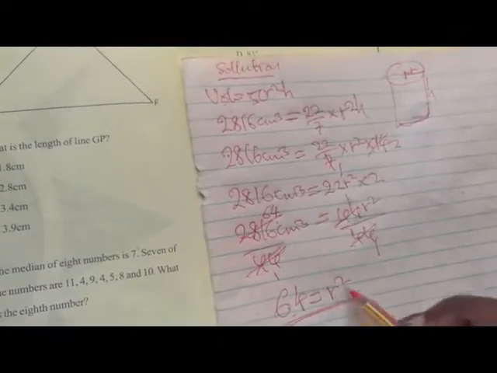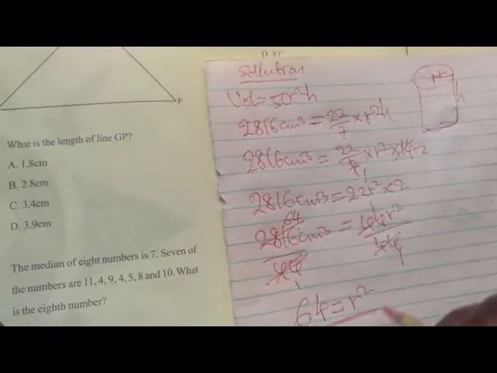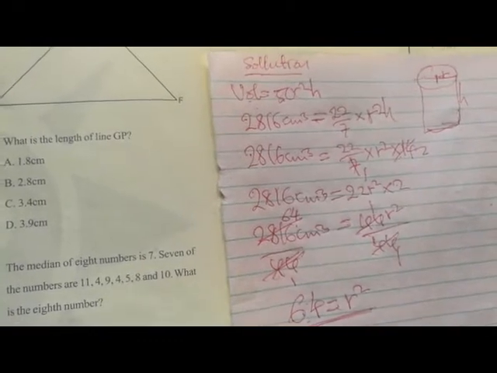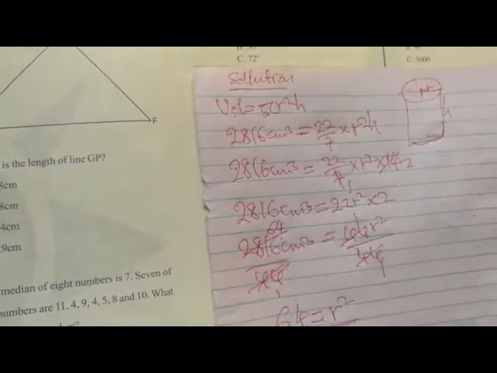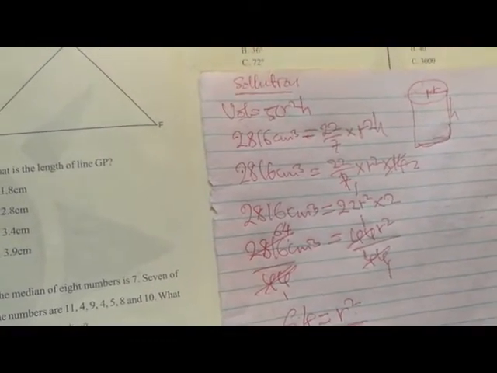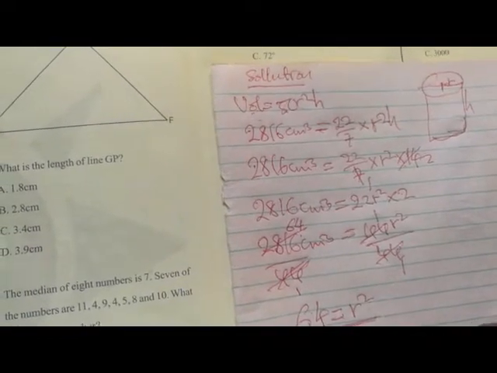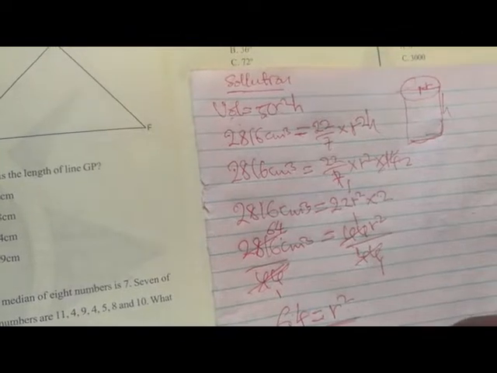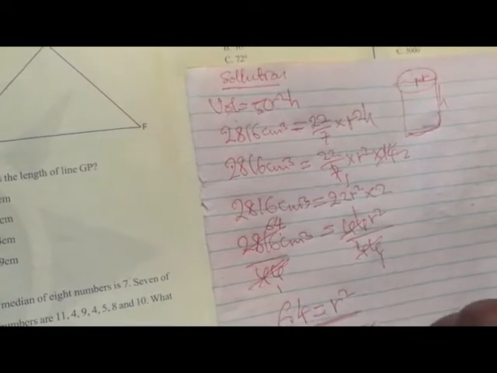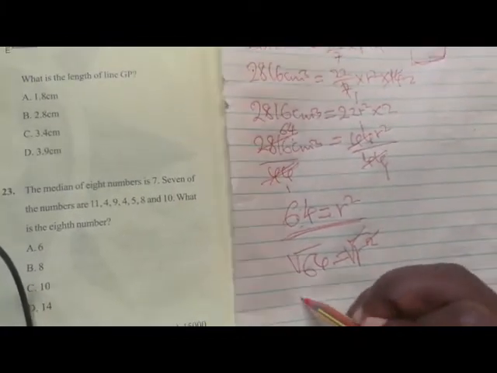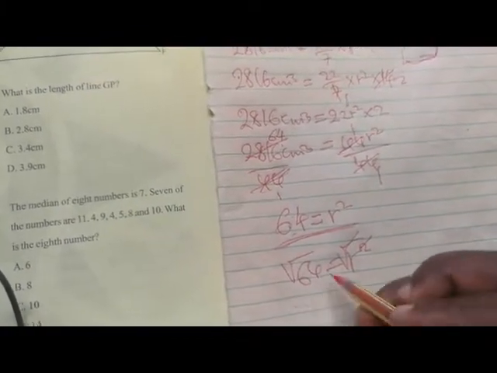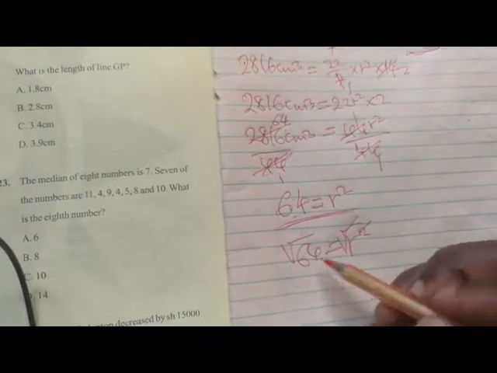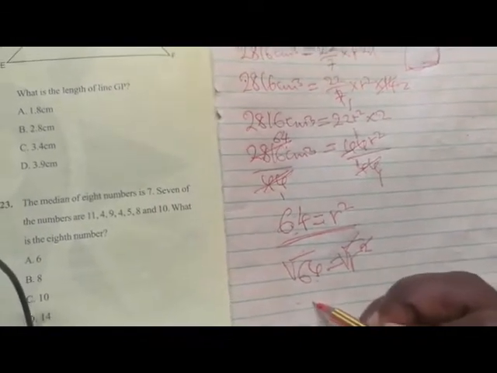To get r, you have to take the square root of both sides. The square root of 64 and the square root of r squared, because the square goes with the square root. We should know the square root of 64 is 8.